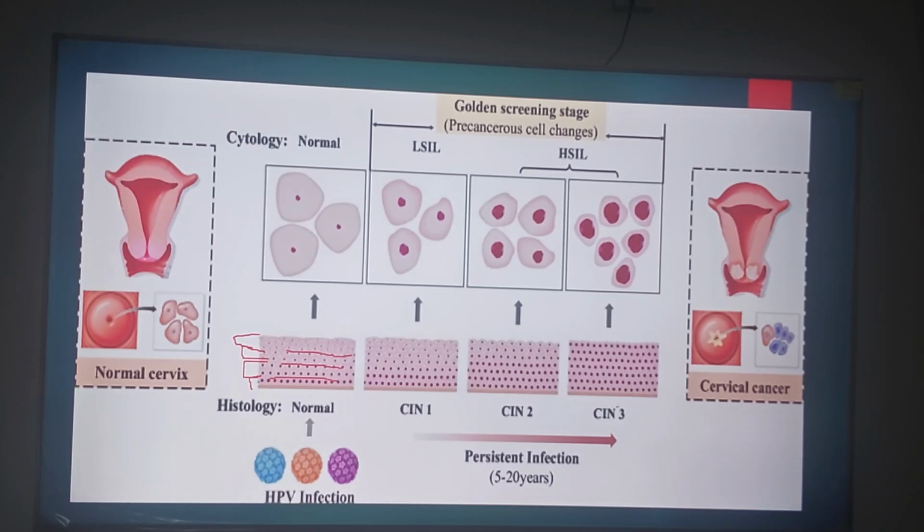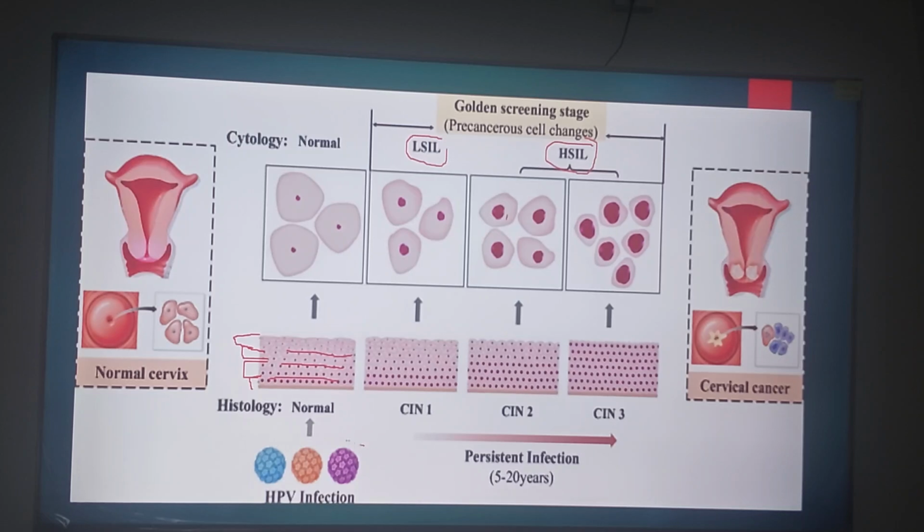Now the new classification terms used are LSIL and HSIL. The low squamous intraepithelial cells have intermediate nucleus, round to oval, hyperchromatic with irregular nucleus. This is the high squamous intraepithelial lesion, which is in situ with increased hyperchromatism. The category is CIN3.